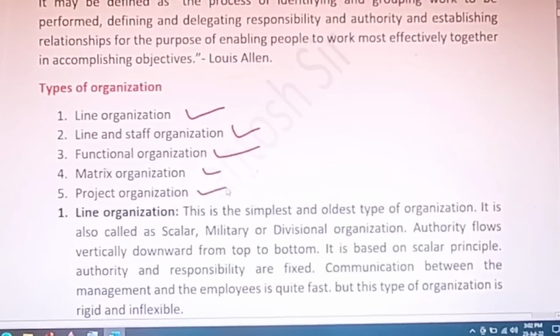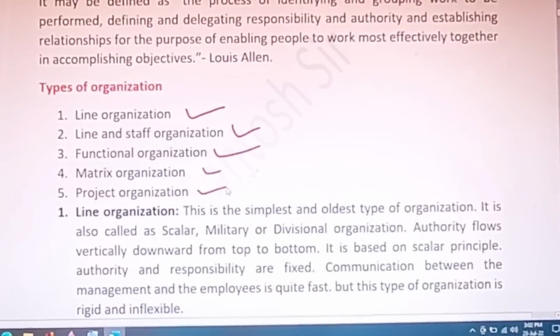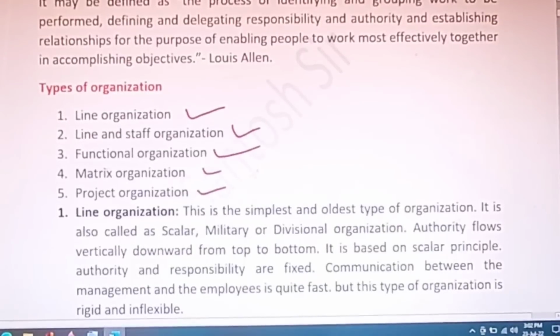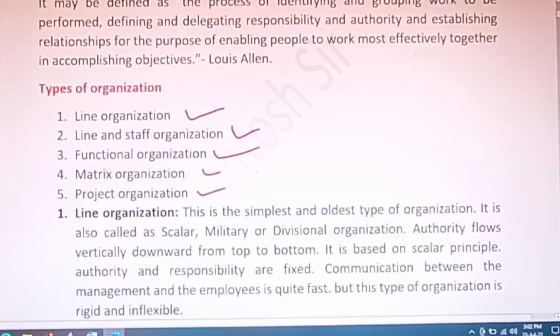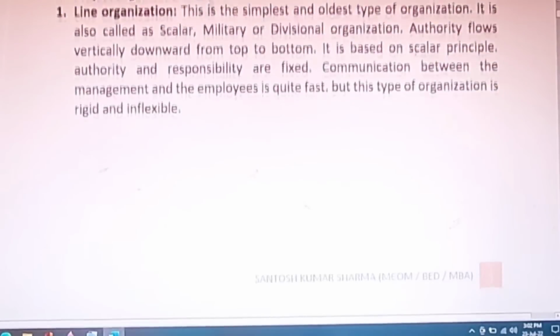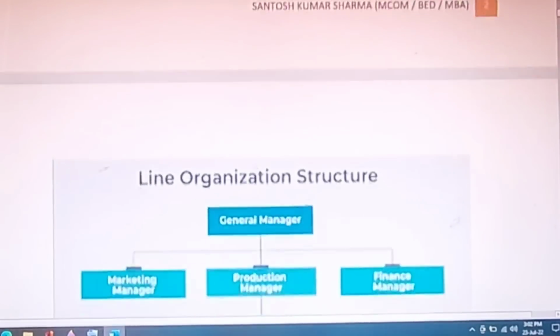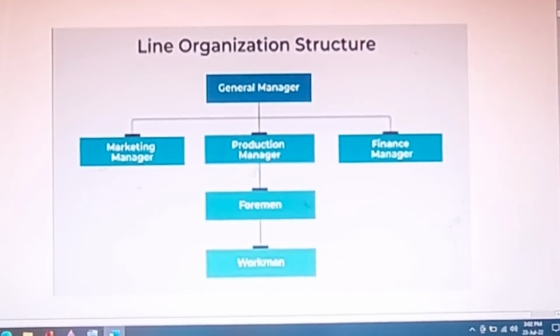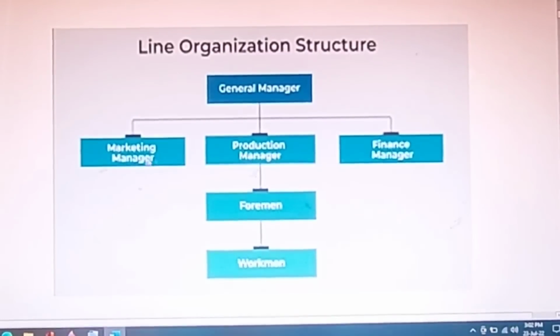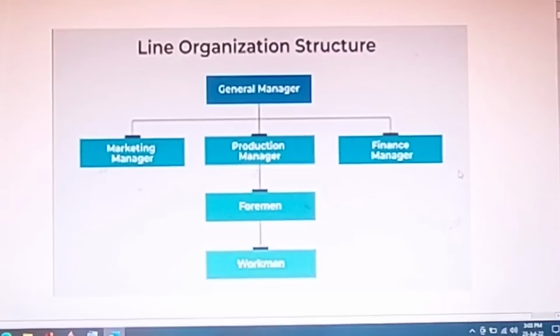And if you are getting a question to describe the structure of the organization, there also you can explain these 5 types of organization structure. Now line organization के you should also draw this type of flow chart, जहाँ पे जनरल मैनेजर and other managers are there, like marketing, production, finance, sales.